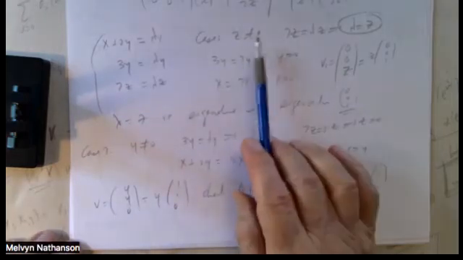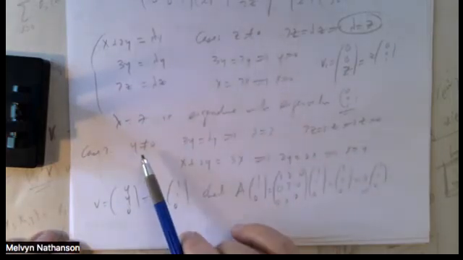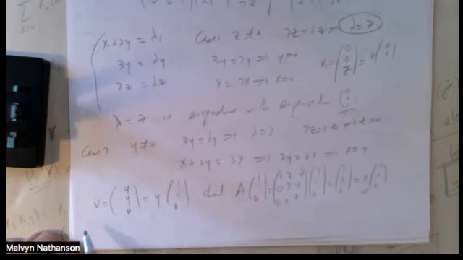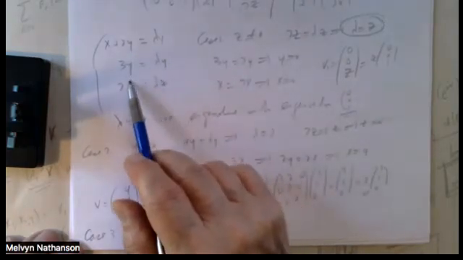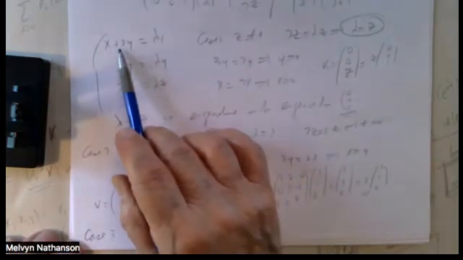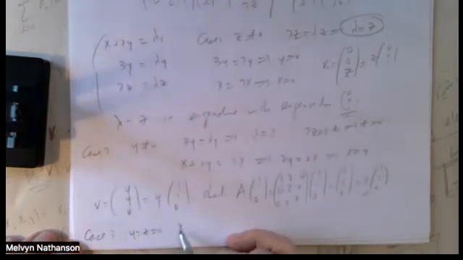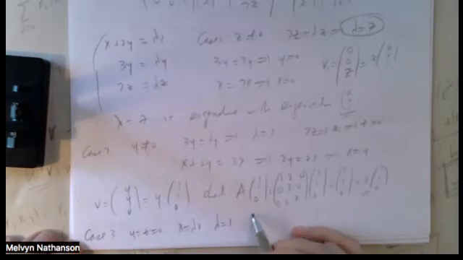So in the first case, z was non-zero. In the second case, y was non-zero. So the only thing left is the case when y and z both equal 0. In that case, these equations just say 0 equals 0, and this says x equals lambda x, so lambda has to equal 1.